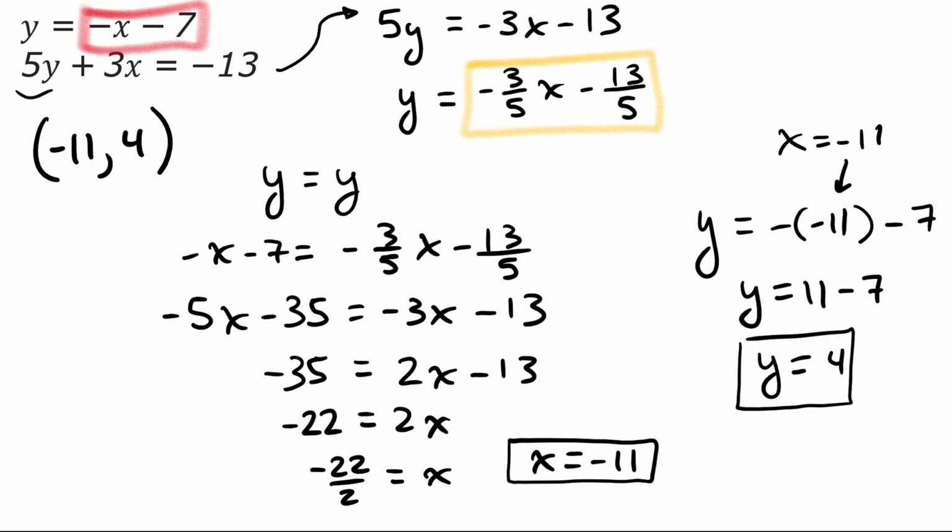Clearly, 20 minus 33 is negative 13. So it works in the second equation. And I think it works in the first because that's how I figured out what y was. But let's see, the opposite of negative 11 is 11, and 11 minus 7 is 4. So it definitely works in both equations. So this is our solution.